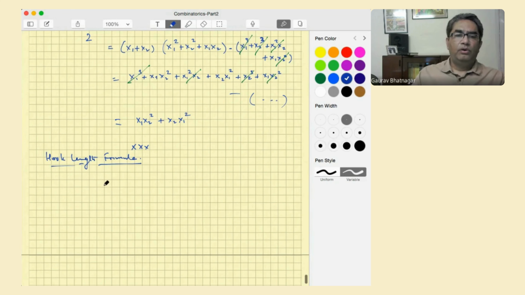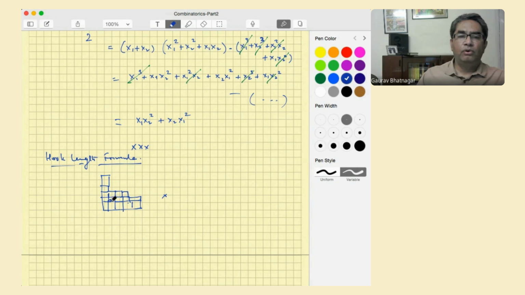So what is a hook? Suppose you have this partition, and suppose you consider a cell. So suppose this is a cell X. And what you do is you consider the hook.